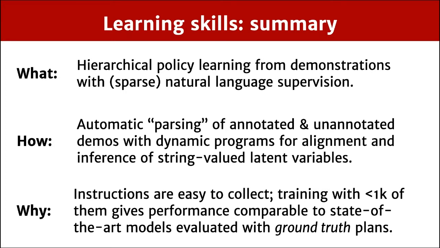We've showed that you could train these kinds of hierarchical models extremely sample efficiently by treating language mostly as latent at training time and learning most of what you know about language from offline language model pre-training data and a small number of labeled examples. And we showed that this works, right? That the resulting models are competitive with things that have much stronger supervision, and that they generalize in non-trivial ways, even to out-of-distribution tasks. I will pause here and ask for questions before we move on to the next section.